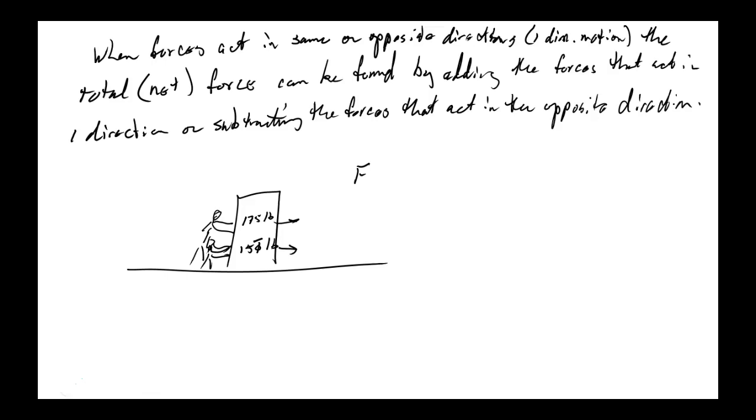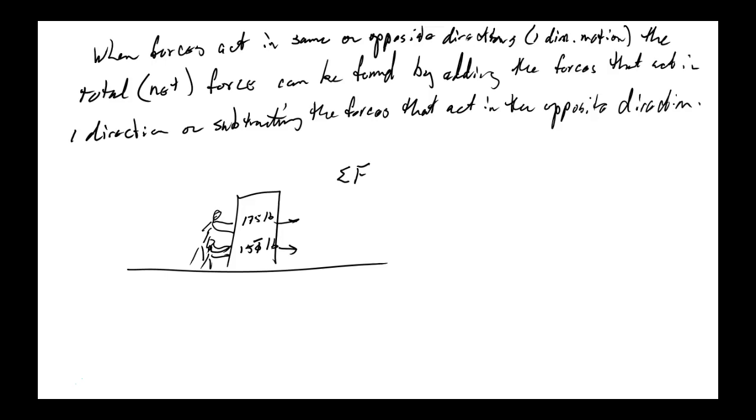Now, what they use for net force is this Greek symbol sigma, which means the sum of the forces. If they're in the same direction, you really are adding. If they're in opposite directions, the sum is one is positive, the other is negative, but you're still adding, but you're really subtracting.